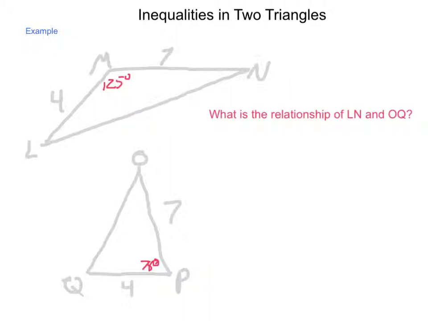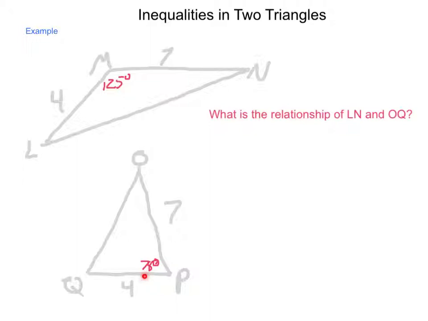Here I have two triangles, triangle LMN and triangle OPQ. LM is 4 units, PQ is 4 units, MN is 7 units, and OP is 7 units. So we have two sets of congruent sides. However, the included angles are not congruent. Angle M is 125 degrees, angle P is 78 degrees.